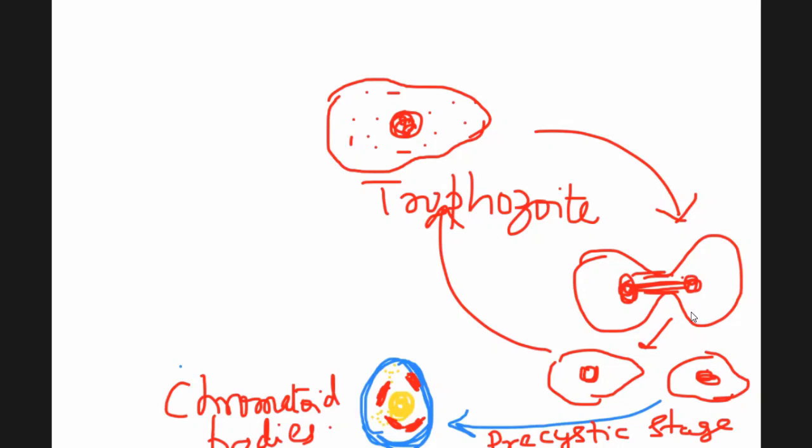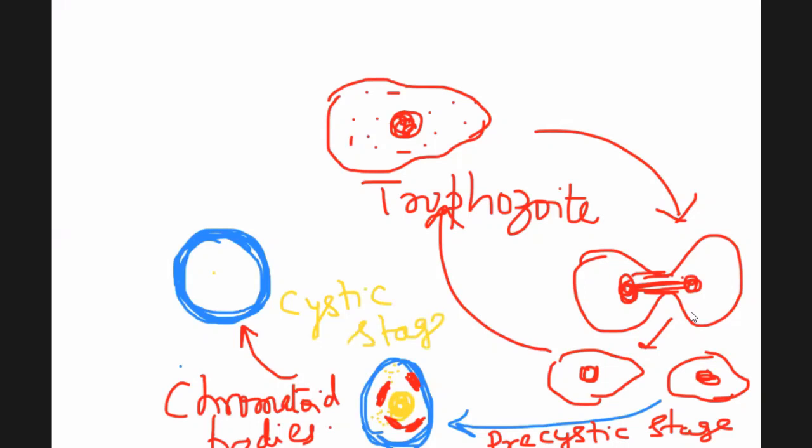So this is going to change into a stage called cyst. It becomes spherical like this, and it makes a tough protein covering around it, which protects it from unfavorable conditions. So it slowly transforms into the cystic stage.